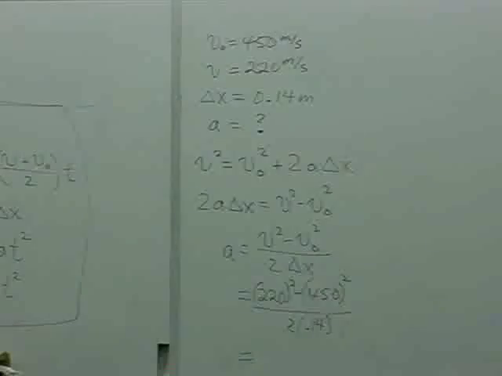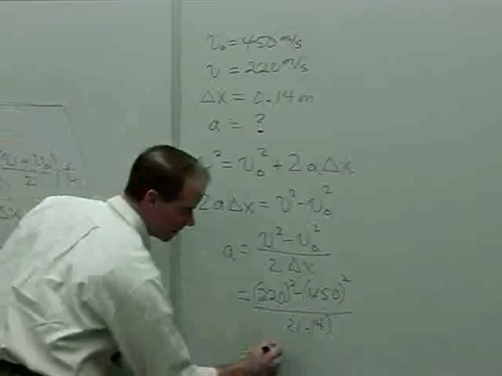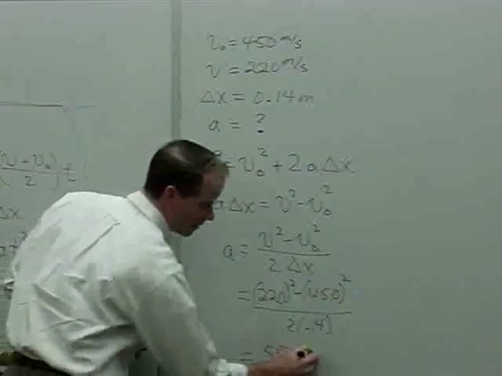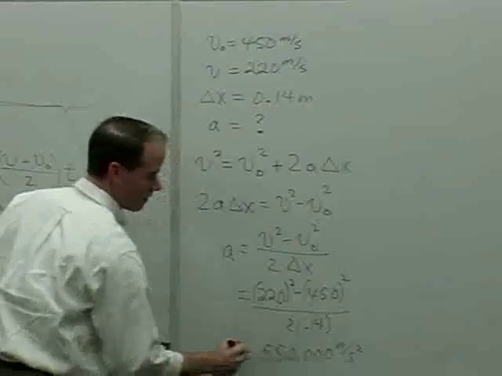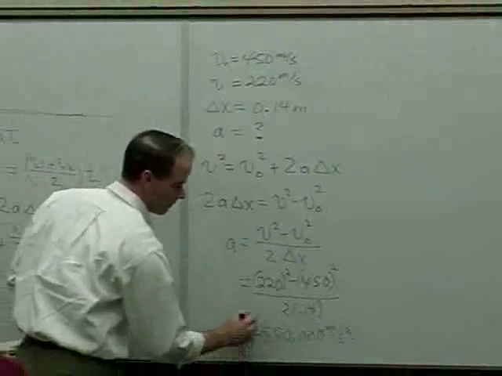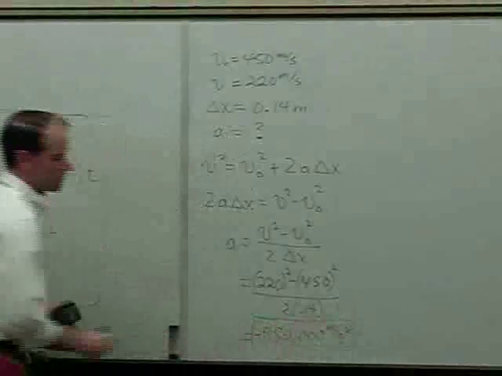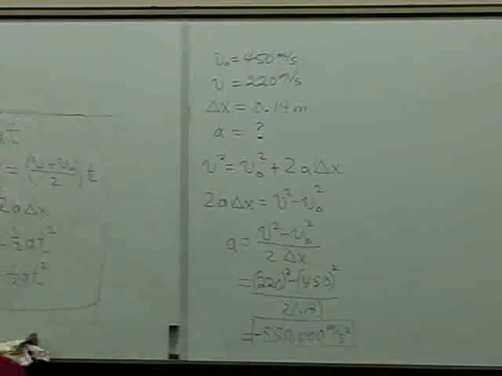Pretty good? 550,000? Negative, right? The bullet's going to be decelerated at negative 550,000 meters per second squared.